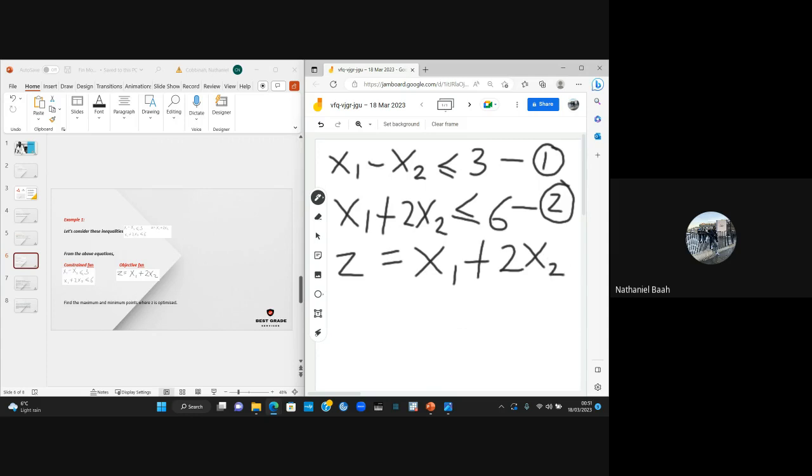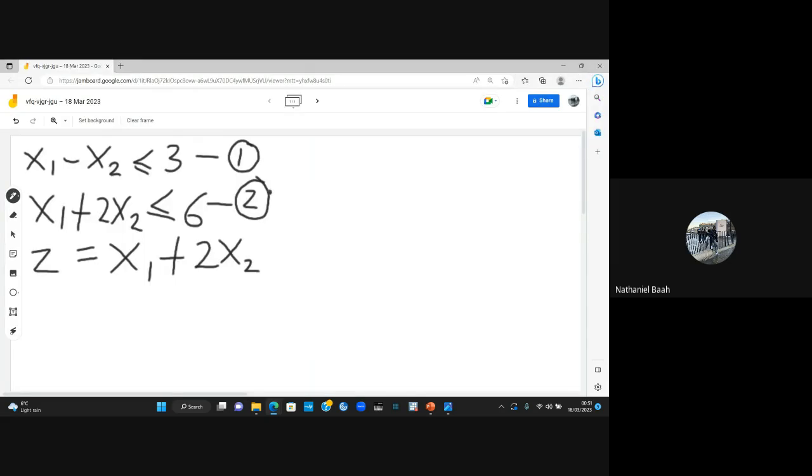Great. Now that we have the equations, I will take off the other slide. Then we focus on the note. Good. So let's progress here. The question says that we should find the maximum point that z is optimized.